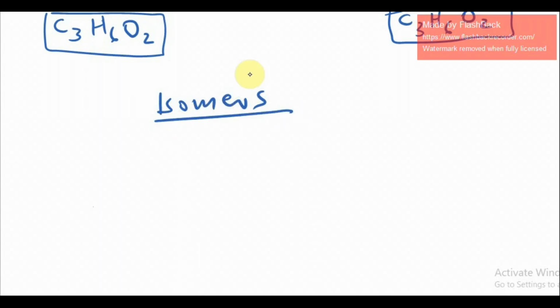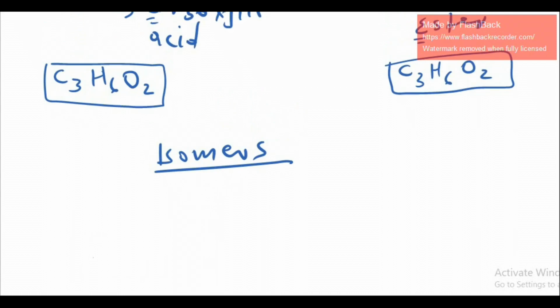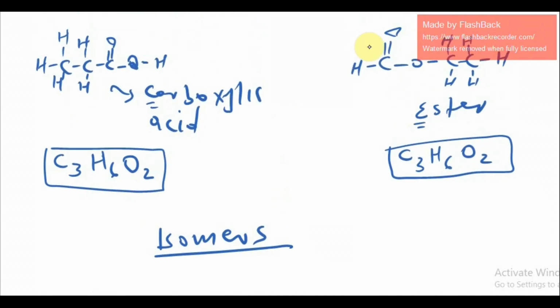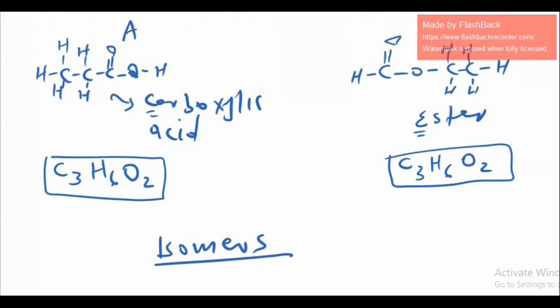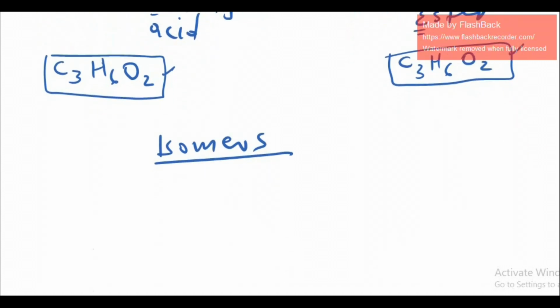Now if you look here, this is compound A, this is compound B. This compound has OH, this compound has no OH, but they have the same molecular formula, while the structural formula is not the same. Then we get the new concept, which is isomers.